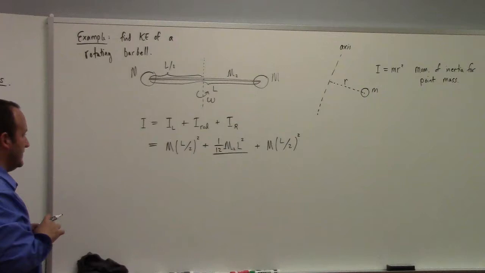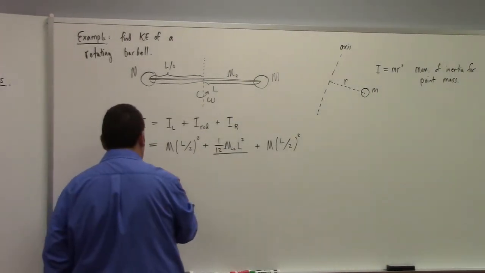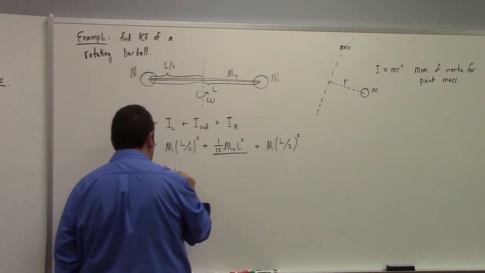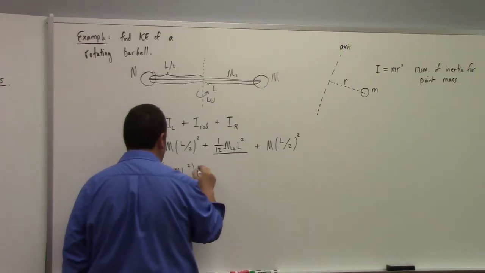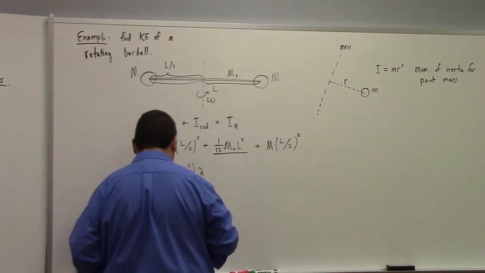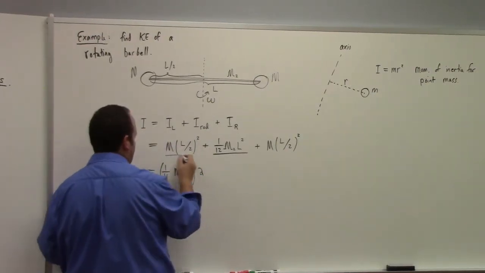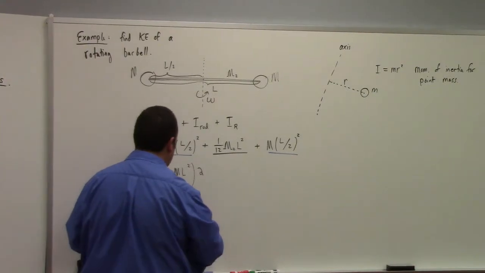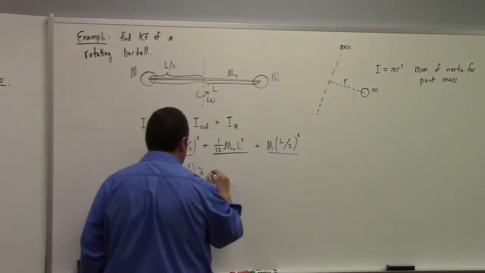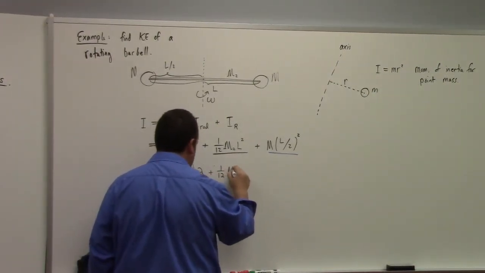All right, so we can put this all together. We've got 1/4 m L squared times 2 for the outer two, and then plus a 1/12. Can you see how to simplify that, algebra-wise?